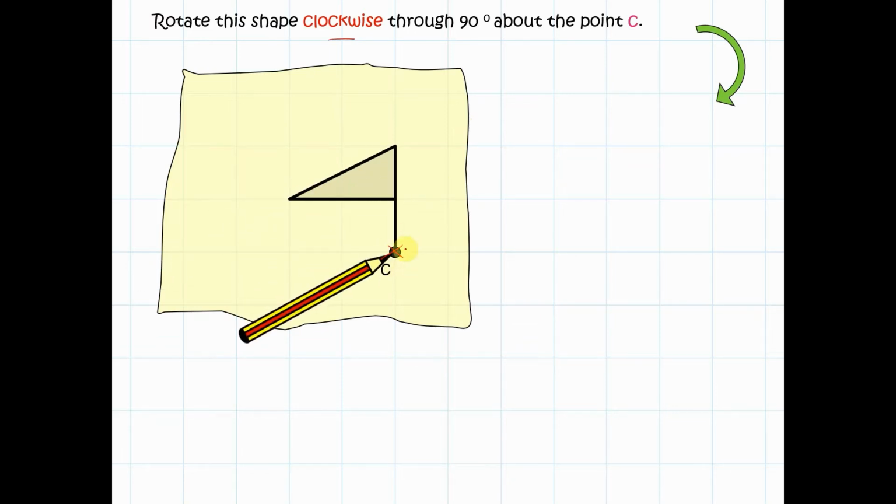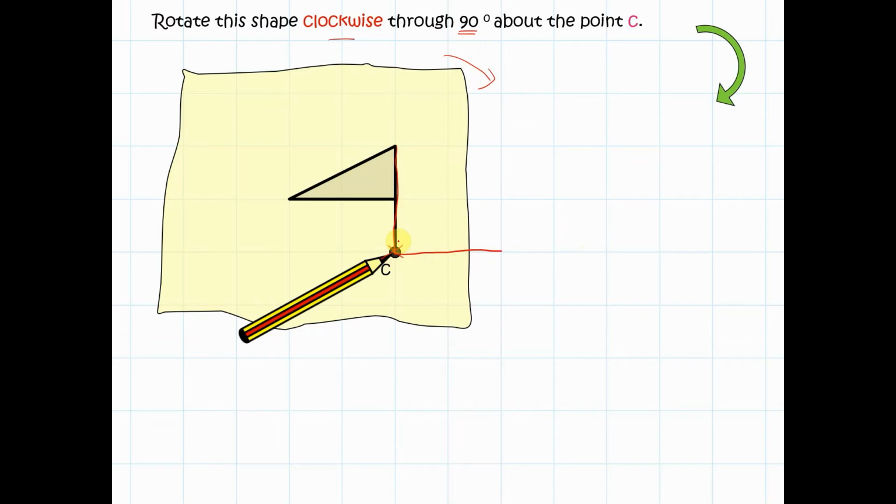This is sort of a flag, and we need to trace that shape. Then, with the point of the pencil, we must press on the paper here and start turning the paper slowly in that direction. Now, we need to turn it 90 degrees.